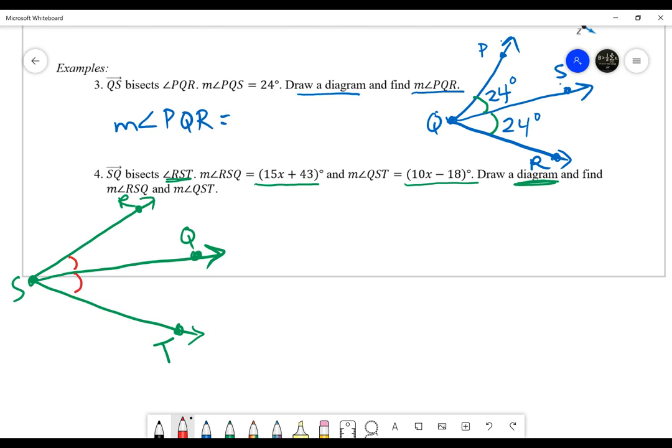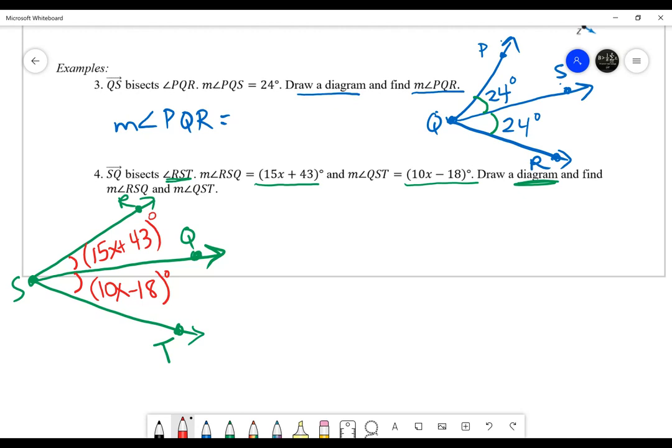So now we can label stuff. It says that RSQ, which will be this first one, is 15x plus 43. And it says this other one is QST, 10x minus 18. Draw a diagram and find these angles.